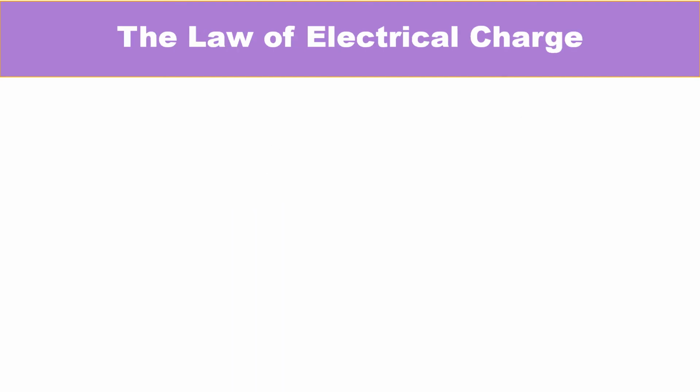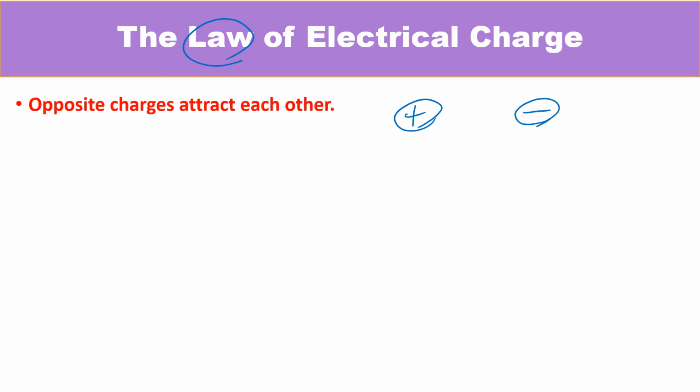We call this attraction and repelling between charges the law of electric charge. The first one is that opposite charges attract each other, just like magnet north and south. Positive, negative, love each other. Negative, positive, love each other. They're meant to be together.